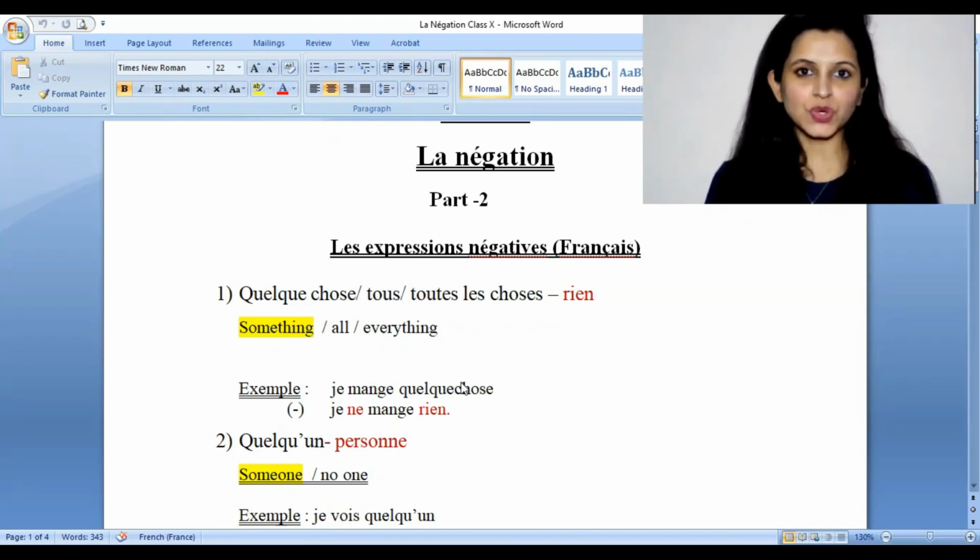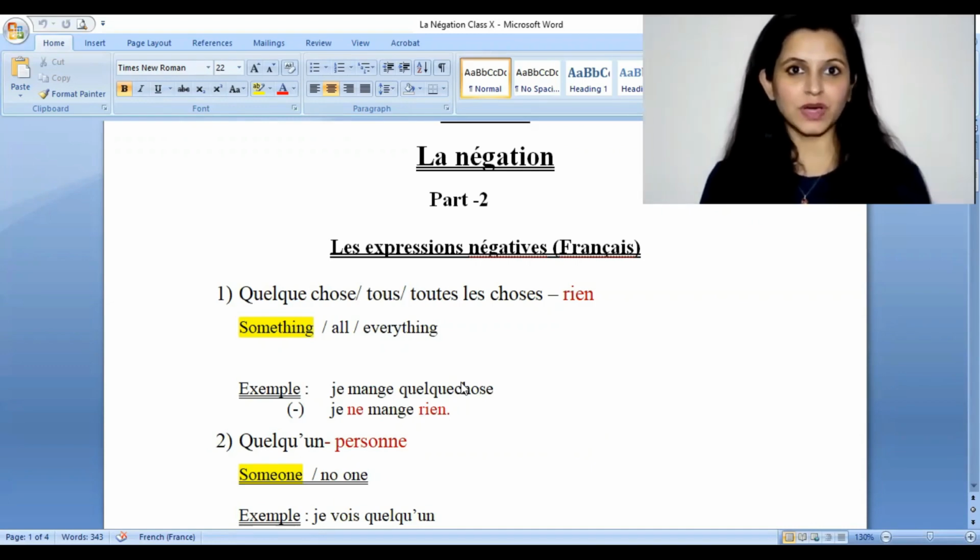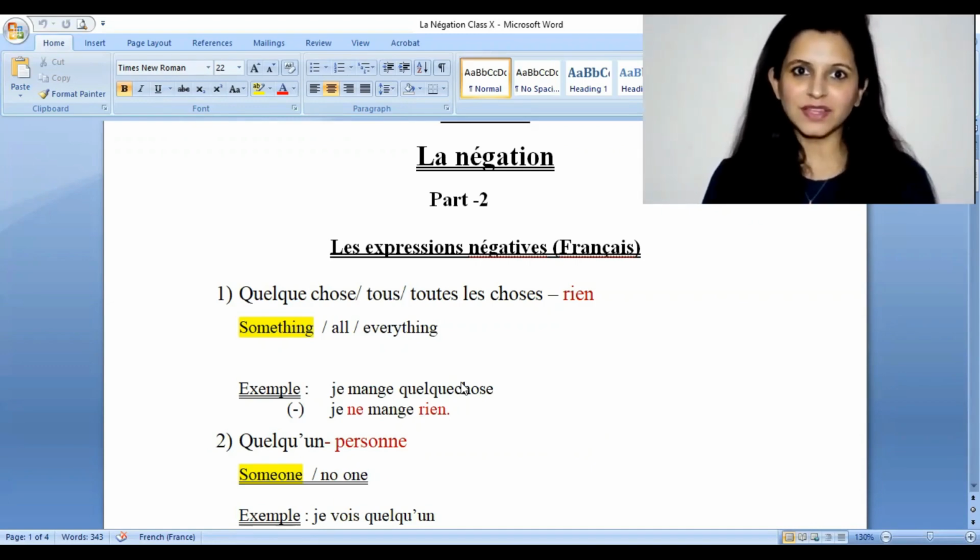Similarly, with quelque chose, we have other words also. Toutes les choses, which means everything or all. So all of them, the negative will be rien. So instead of pas, now you have to write the negative word, which is je ne mange rien, which means I'm not eating anything.